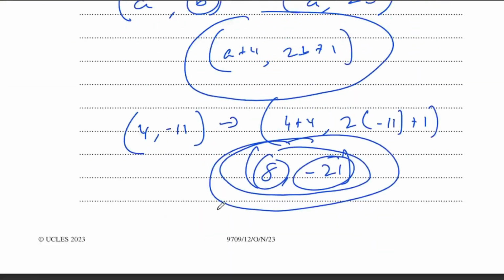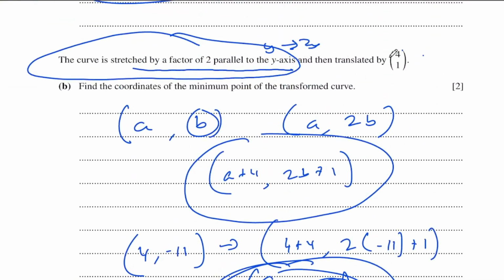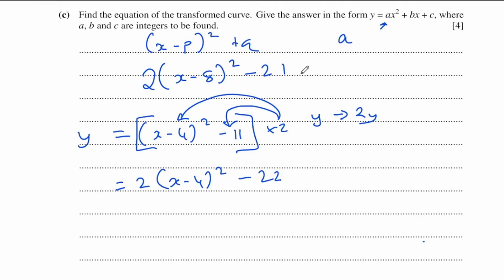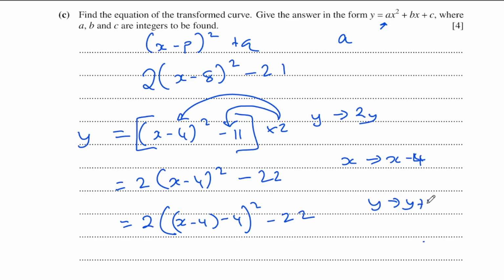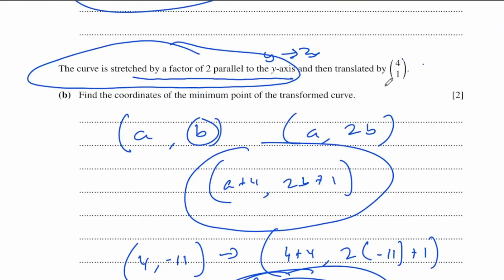And then what happens is it translates to the right by 4 units. But remember, transformations of x, you will be inversing them. So x, you would assume you would have to add 4 because you're translating to the right, but instead you would subtract 4. X becomes x minus 4, and so this just becomes 2 bracket, every x becomes x minus 4, then subtract 4 at the end, squared, minus 22, and then obviously y becomes y plus 1 because you're translating it up by 1 unit as well, right?